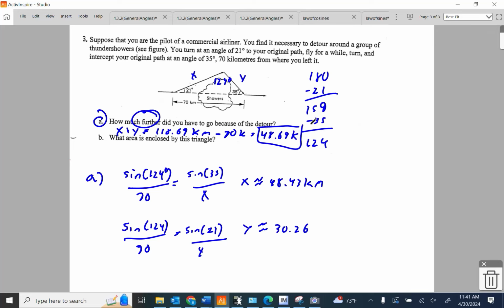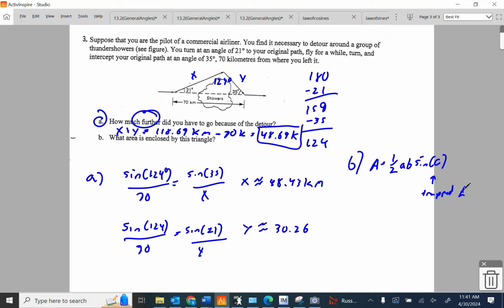I haven't taught you how to do this yet, so good for you watching the video. That's part of today's lesson. It is. Part B, we're going to use this formula. That area is 1/2 ab sine of angle C. And C is what I call the trapped angle.